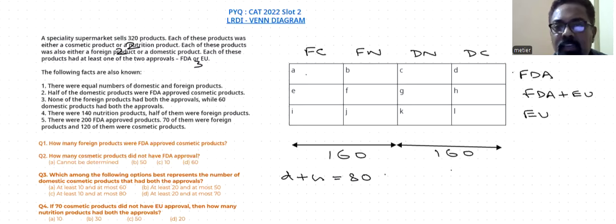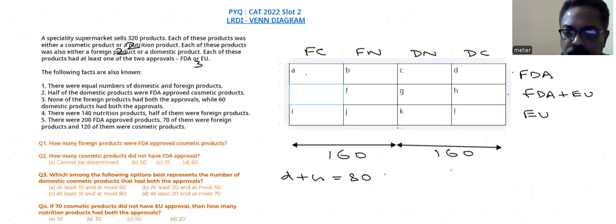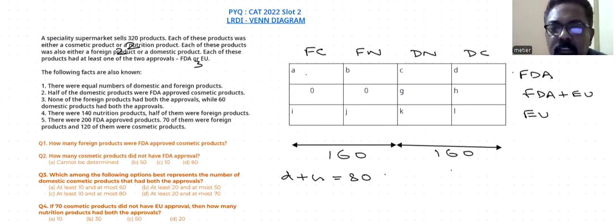This can be replaced by 0, and this will also be replaced by 0. And one more piece of information that we are getting here is that G plus H will be 60. Done.